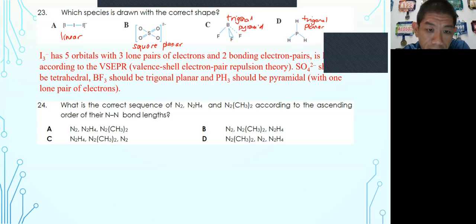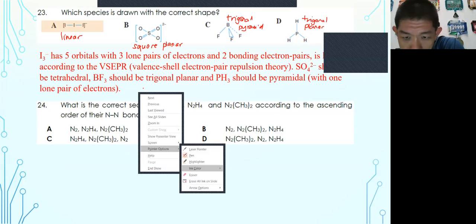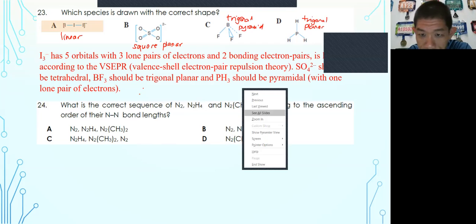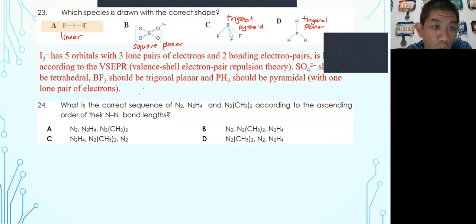Sorry, I changed the color. So let's distinguish the differences. I'm going to draw out for you the actual one. So in I3 minus, yes, it is indeed a linear molecule, which is correct, matching. While SO4 2 minus, the actual one is tetrahedral.